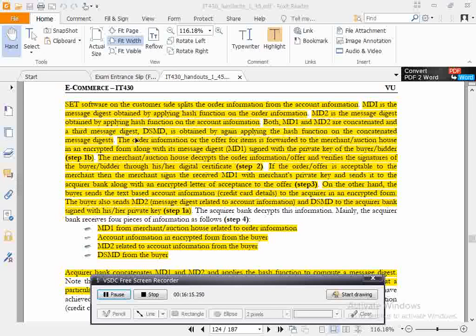The order information or the offer for an item is forwarded to the merchant.